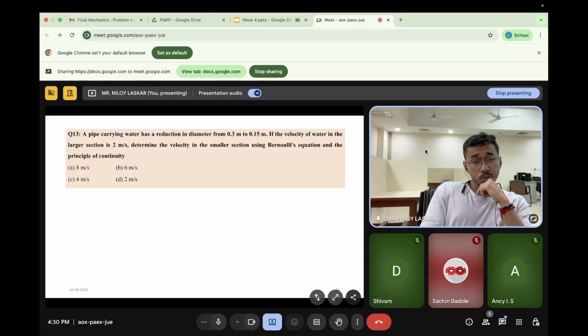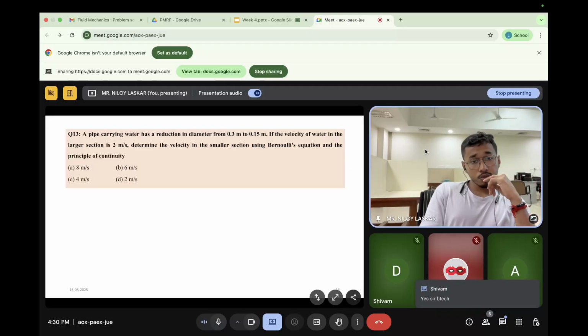These types of questions are quite important from the exam point of view and even for GATE. If you are preparing for GATE, and you are from BTech, Shivam is from BTech.